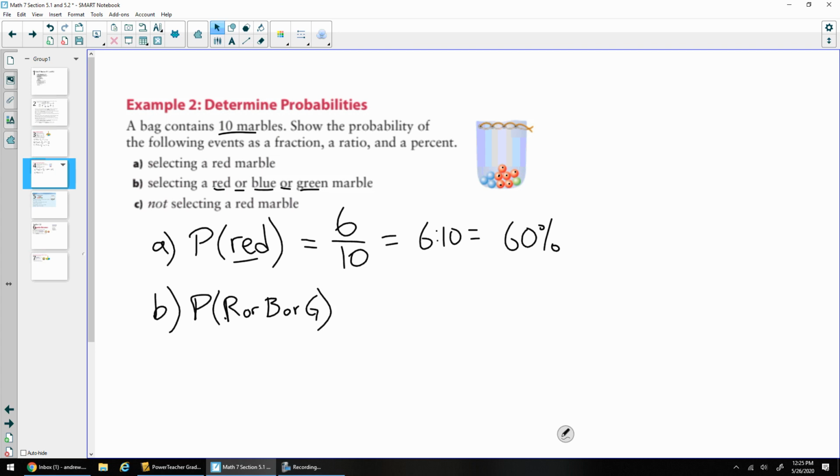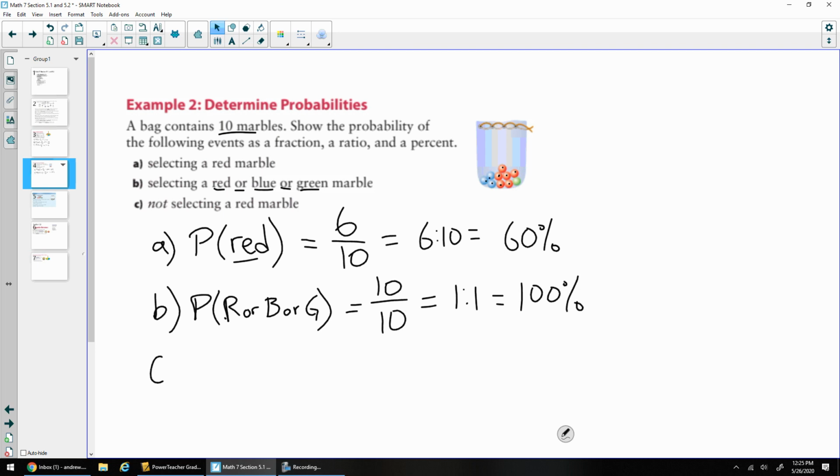So if we wanted red or blue or green, any of those are favorable, which means that any single marble here is favorable. So that'd be 10 out of 10, which is a 1-to-1 ratio if you simplify it, which is the same as 100%.